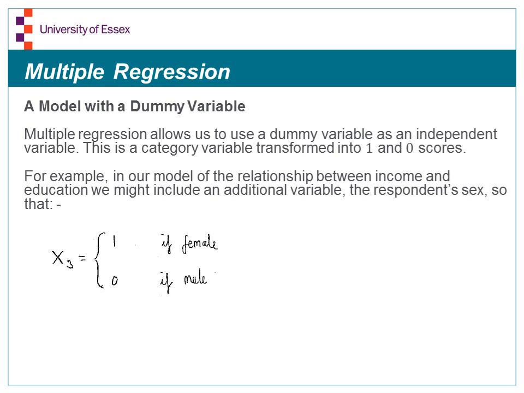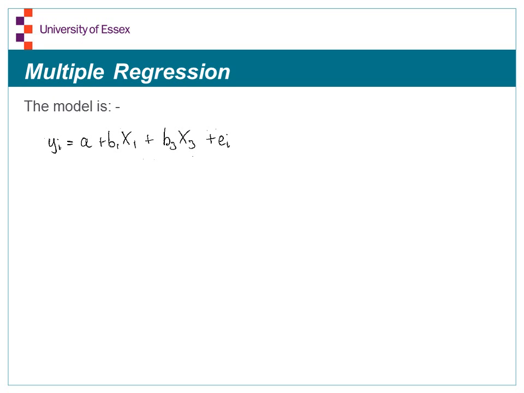So let's have a look at how our model's going to look now. Note I've taken out x2 to try and keep things a little bit simpler, and replaced it by x3. So we're putting gender in instead of age in my calculations here. And really two things can happen.